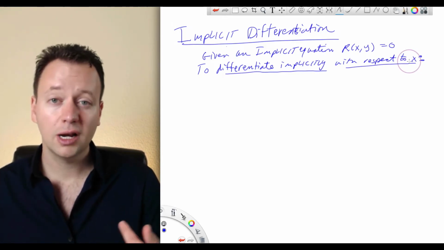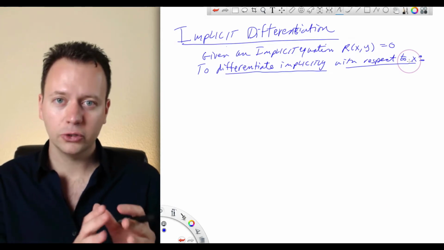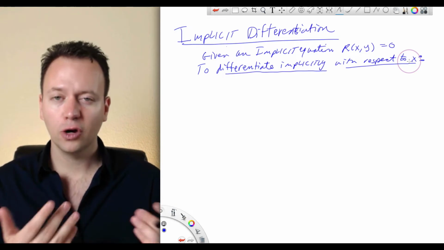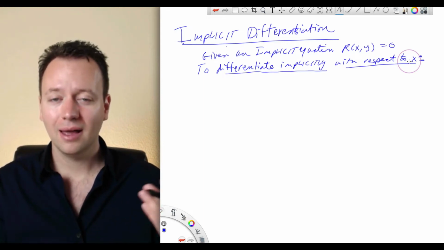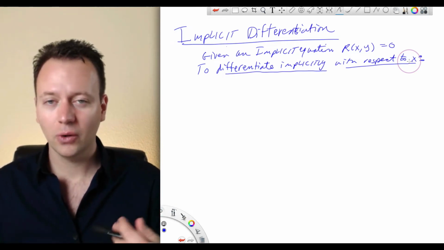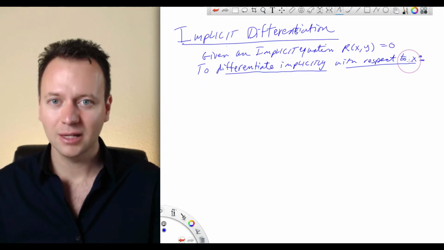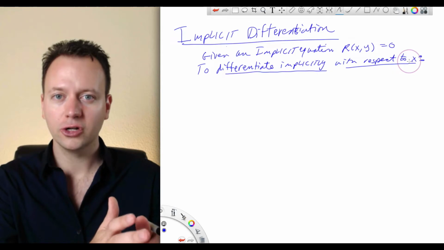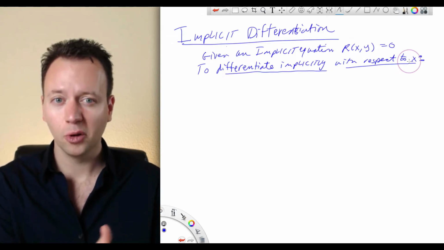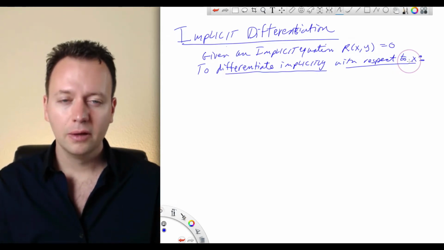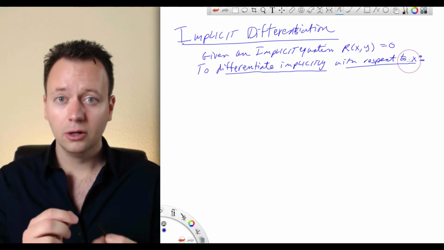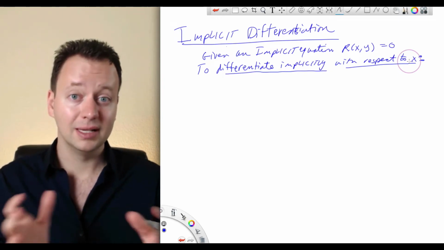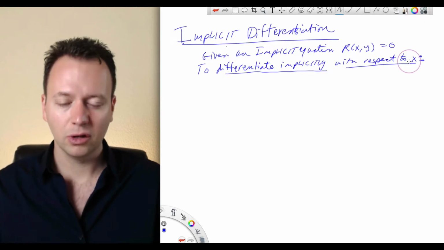If you're differentiating with respect to x, you're trying to solve for dy dx. If you're differentiating with respect to y, instead of having dy dx, you'll have derivatives that look like dx dy. So the dy will be in the denominator because you're differentiating with respect to the y variable instead of the x variable. So first you always want to choose the variable that you're differentiating with respect to, and you always need to be consistent for a given computation.